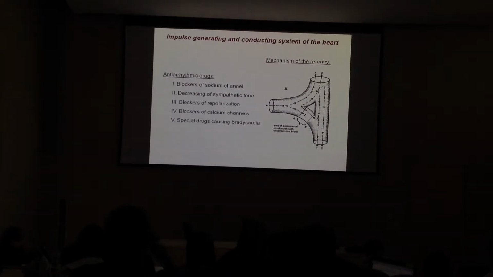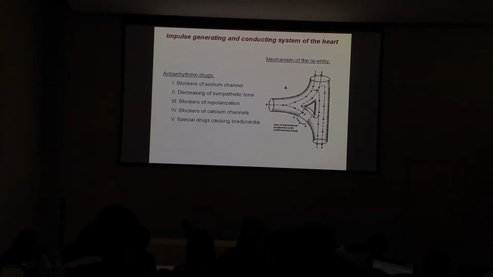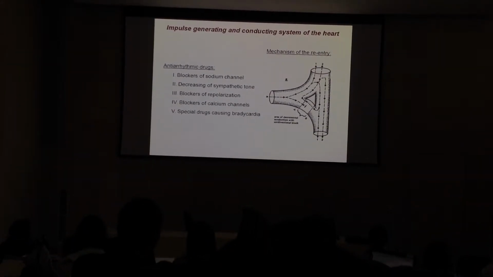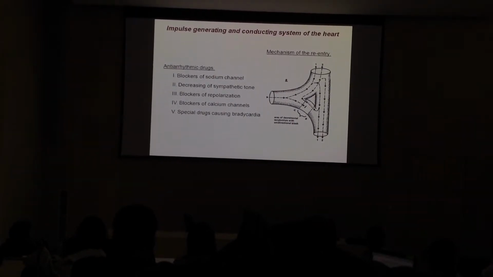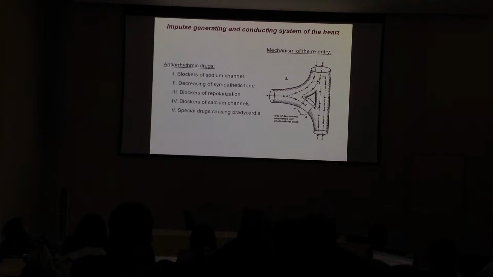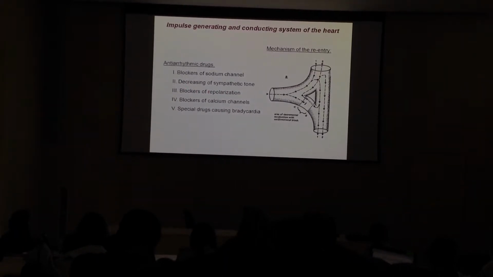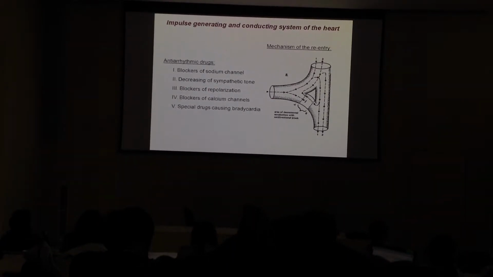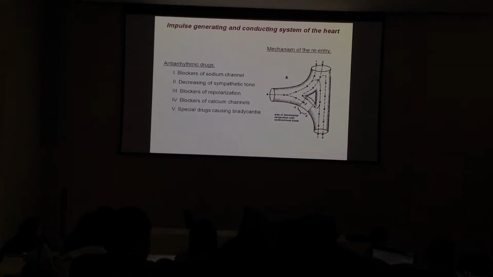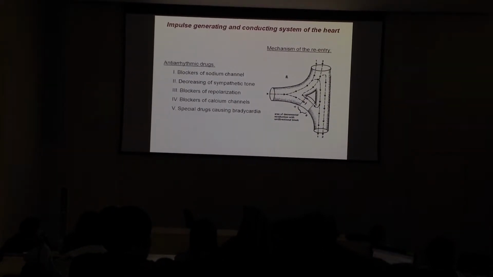For example, by blocking the sodium channels, which means that the action potential will develop slower, or reducing the sympathetic tone which would stimulate the heart, or there are drugs which are able to slow down the repolarization, to extend the repolarizing period, which protects the heart from the new action potential.